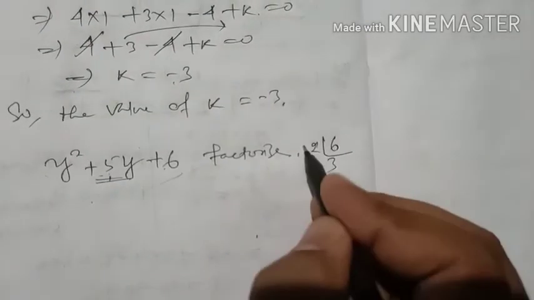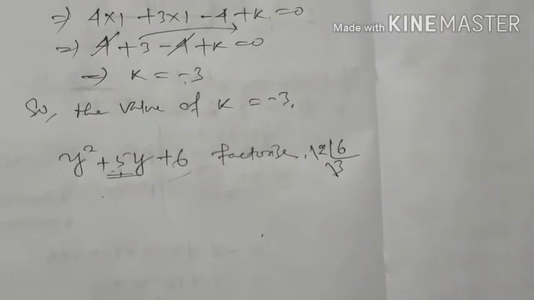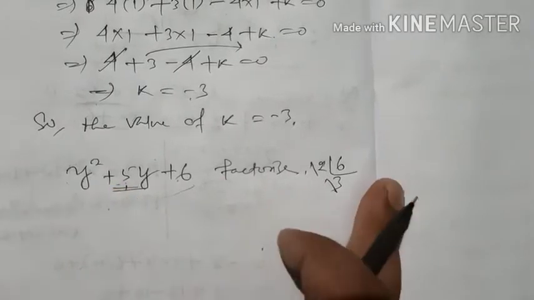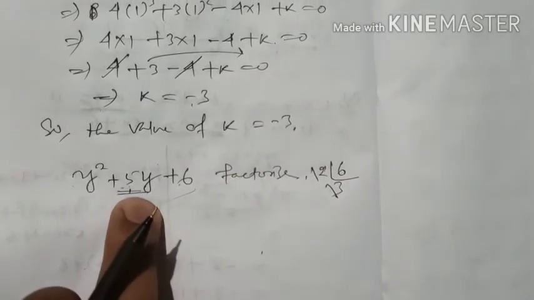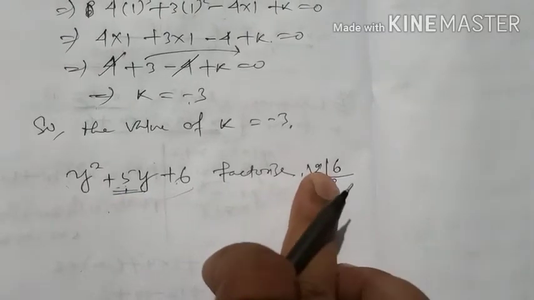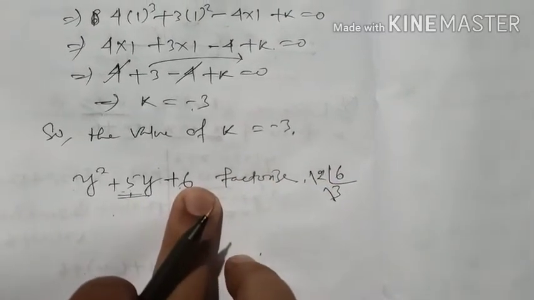Here we will get two numbers only, 2 and 3. So one of them will be 2, another one will be 3, so that 2 plus 3 will be 5. Whenever we are adding these two numbers, we will get the middle term, that is 5. 2 plus 3 is equal to 5. And whenever we are multiplying these two terms, we will get the last term, that is a into c, ac.